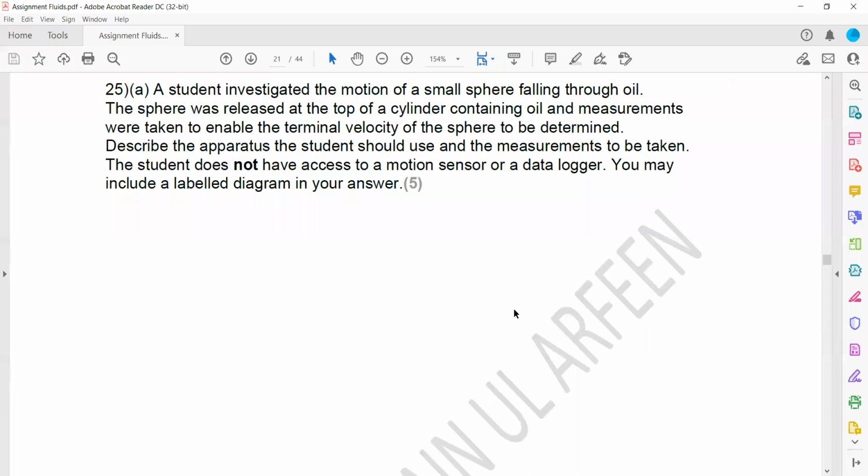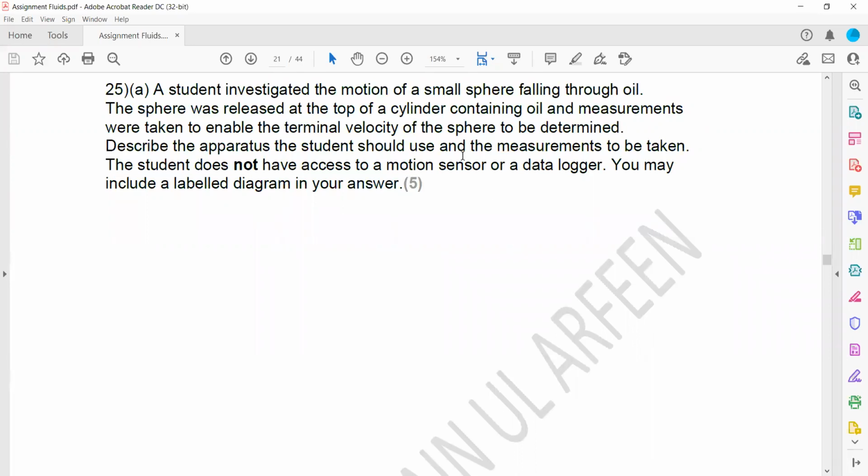The sphere was released at the top of the cylinder containing oil, and the measurements were taken to enable the terminal velocity to be determined. Describe the apparatus the student should use to measure and the measurements to be taken. The student does not have access to motion sensors or a data logger. You may include a diagram.